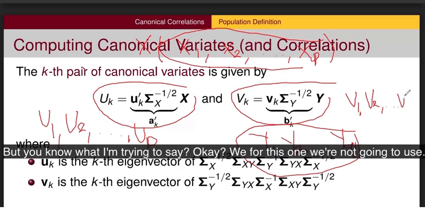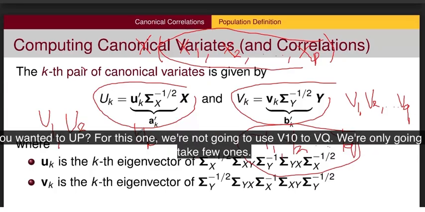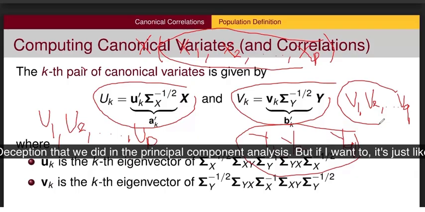But you know what I'm trying to say. For this one, we're not going to use U1 up to UP. For this one, we're not going to use V1 up to VQ. We're only going to take a few ones, the same thing that we did in principal component analysis.